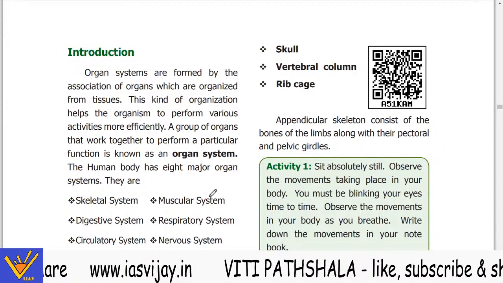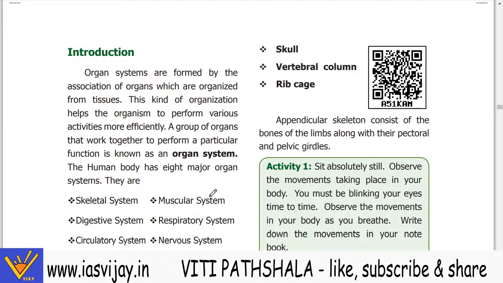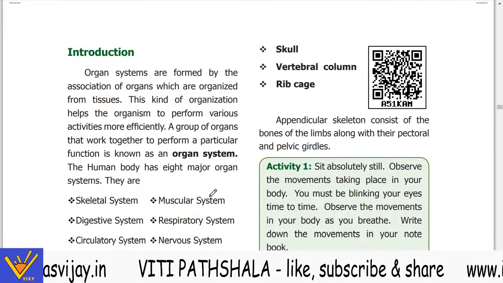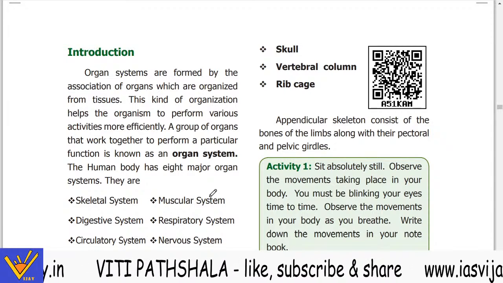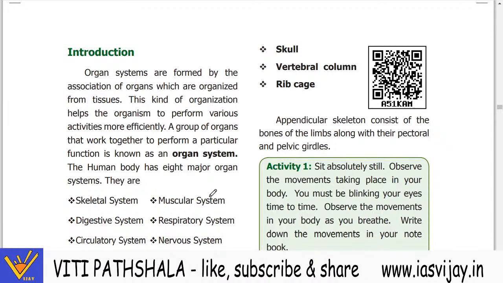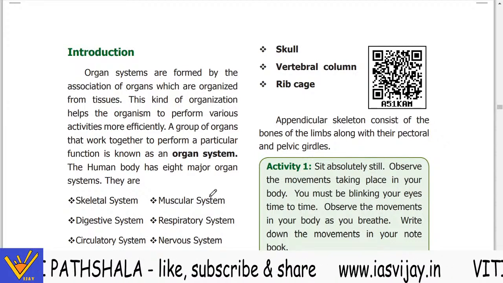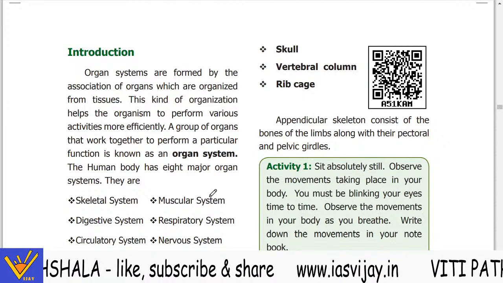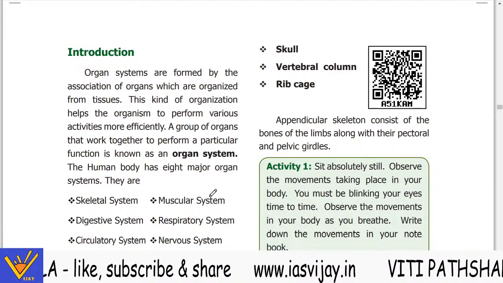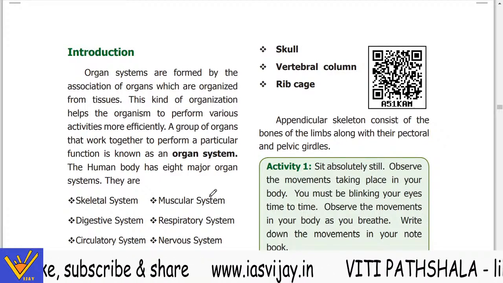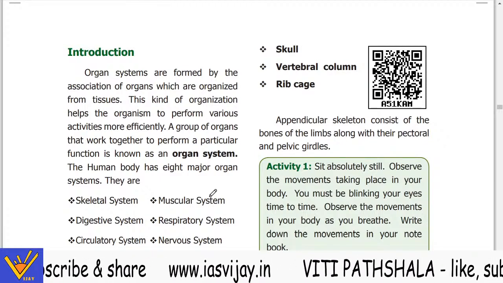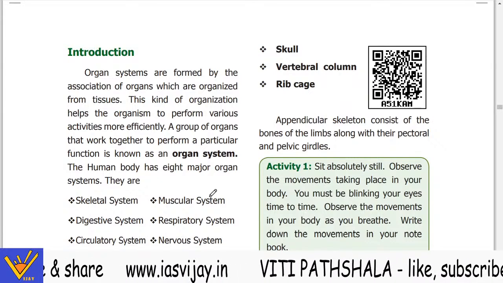As I am taking the classes, you will be able to cover them once with me, and once by yourself, so that the concepts are clear for the exam. Basic knowledge is very important for clearing the UPSC, and if you want to become an officer, then the basics should be clear.